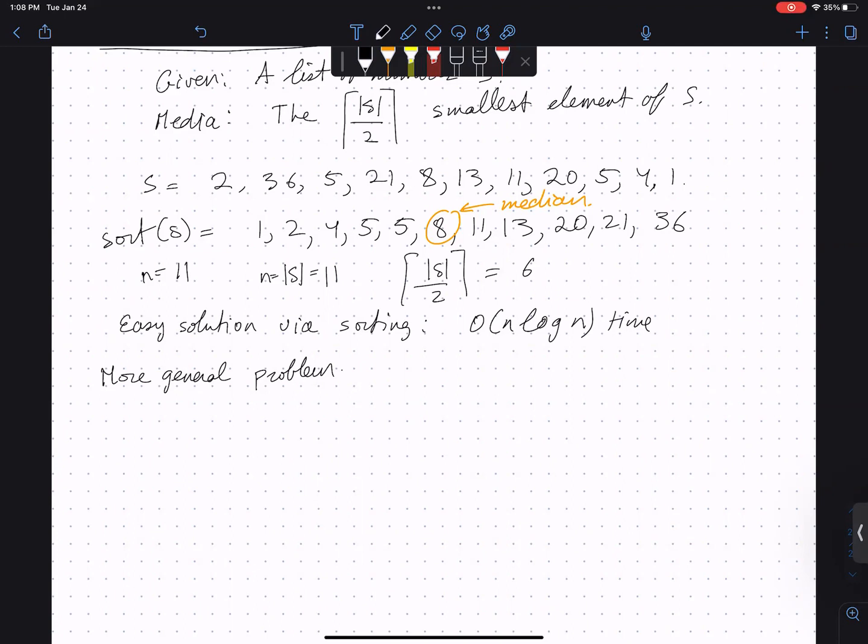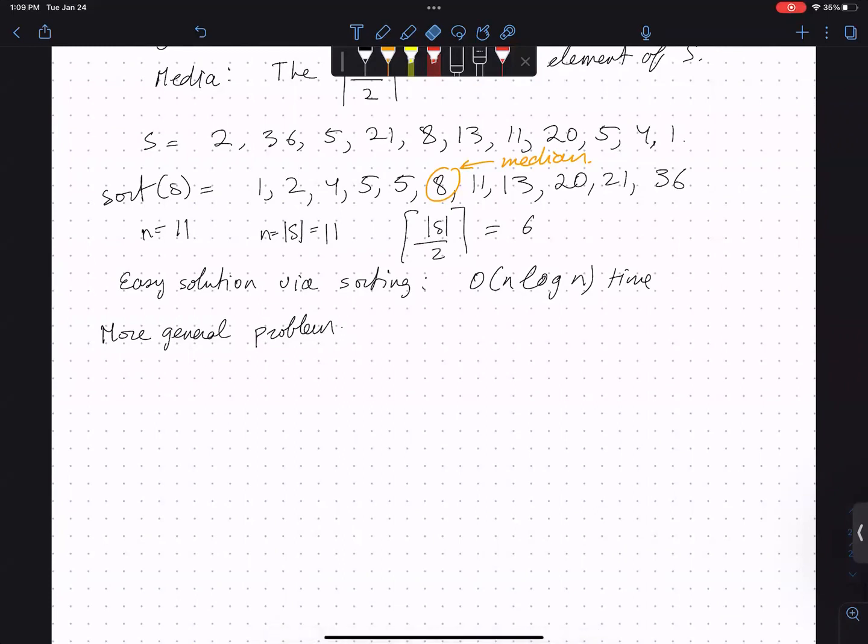The multiplication. So we had both Z and M as part of the loop invariant. For the termination, we only needed Z, but to make things work, we needed both Z and M. So it's the same here. We're going to have a little more general problem than what we just need for the median. And this is called the selection problem.